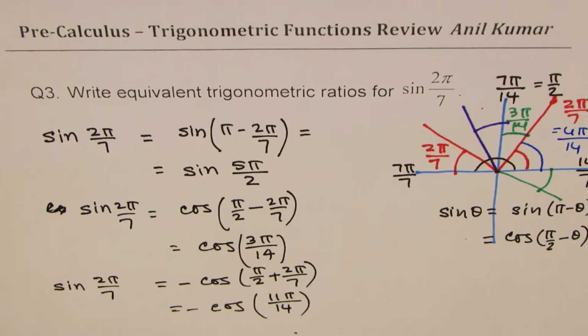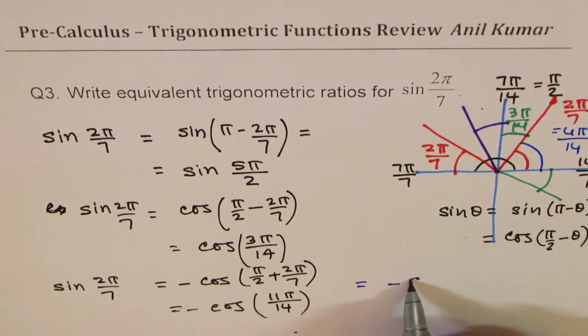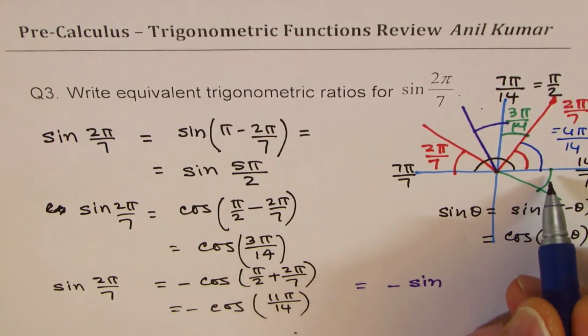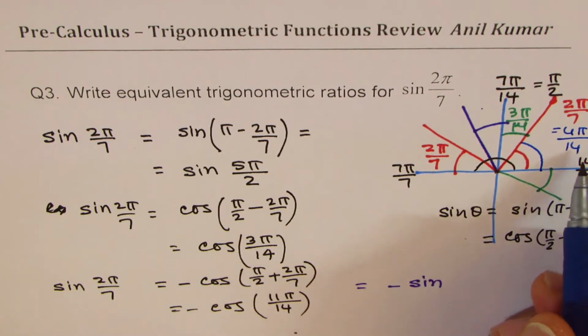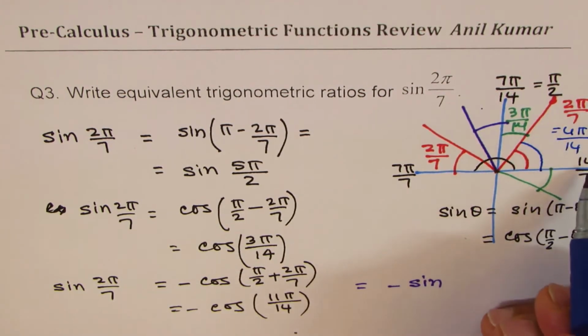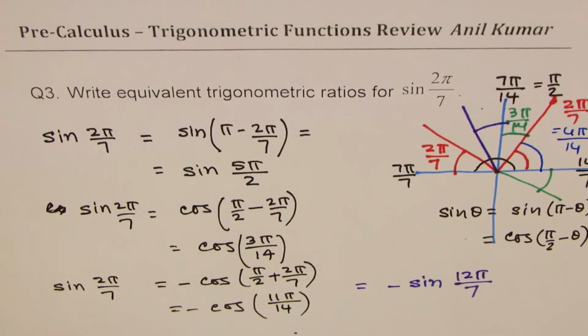So I could also write this as equal to negative of sine of that angle, I mean, this whole thing. Do you see that? That means 2 less than 14, that is 12 pi by 7. This is also the same as sine 2 pi by 7. So this way you can get many equivalent ratios for the same. So I hope the concept is clear to you.